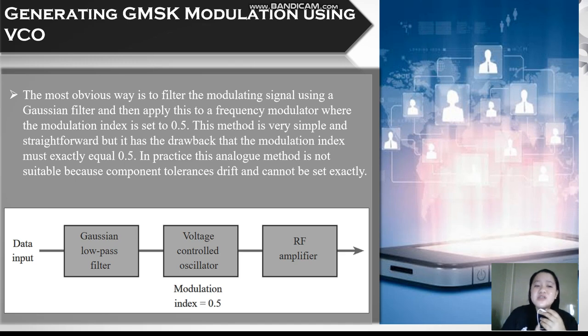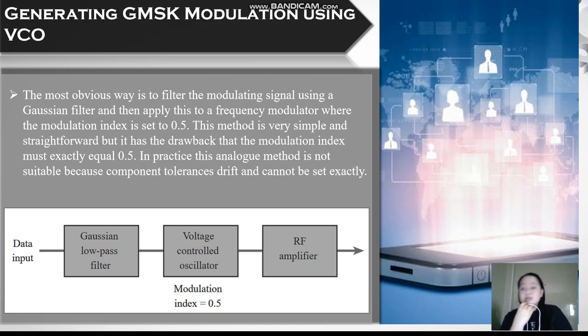This method is very simple and straightforward, but it has the drawback that the modulation index must be equal to 0.5. In practice, this analog method is not suitable because component tolerances drift and the index cannot be set exactly.